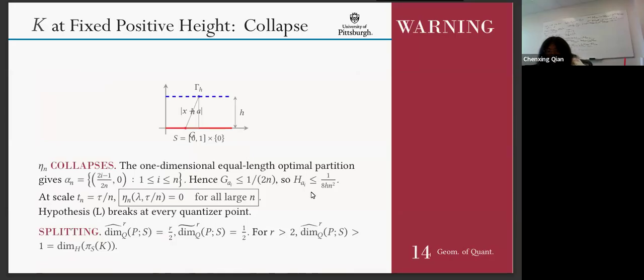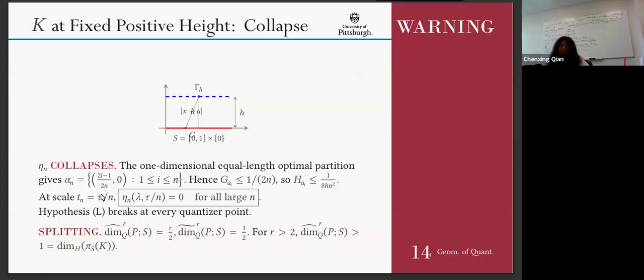So we have already calculated that h has an upper bound in this case of 1 over n squared. And if we want h to be larger or equal than lambda t plus g, then we can find that if we select a scale t_n as tau over n, then for sufficiently large n, the quantity is equal to 0.